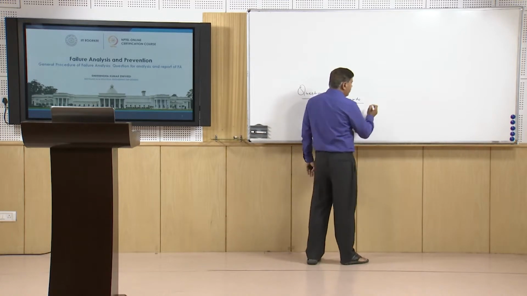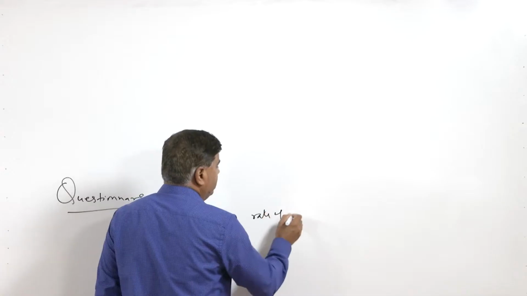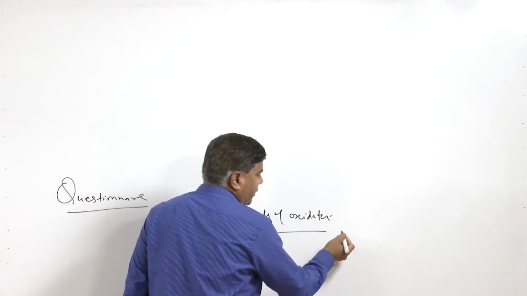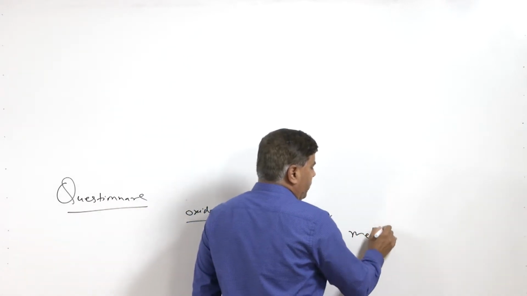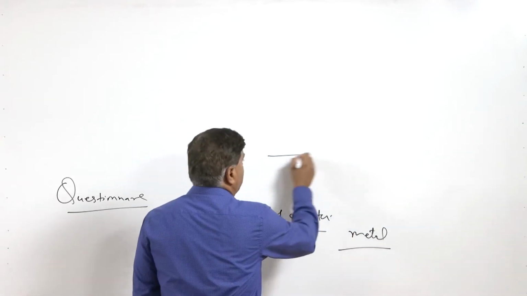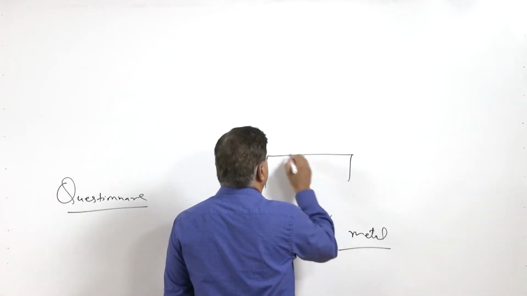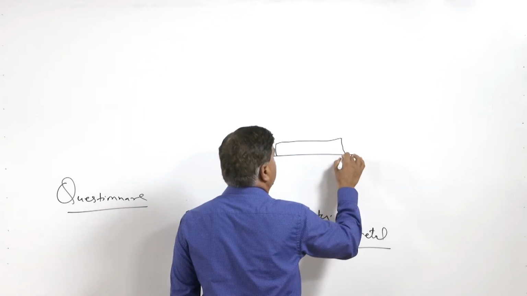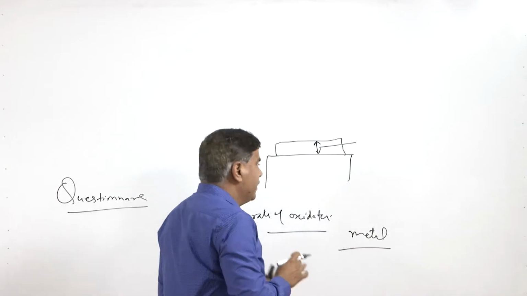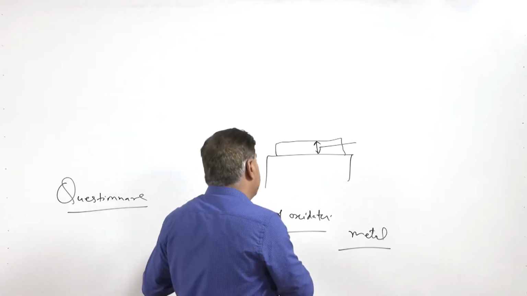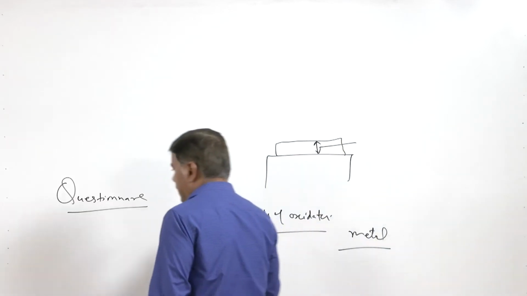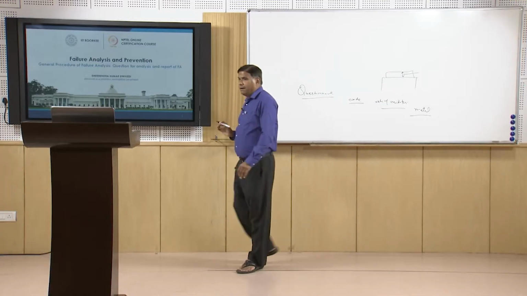Based on the rate of the oxidation reaction for a given metal, we can identify for how long the crack has been there. Say this is the metal surface; depending upon the thickness of the oxide layer and using the kinetic rate of the oxidation reaction, we can determine for how long the crack has been there at the surface.